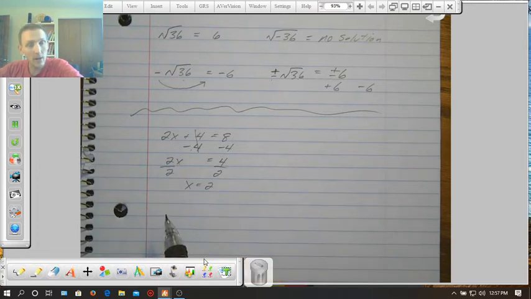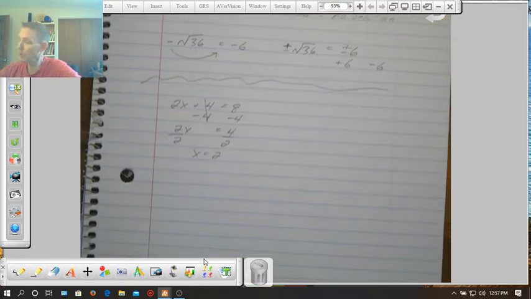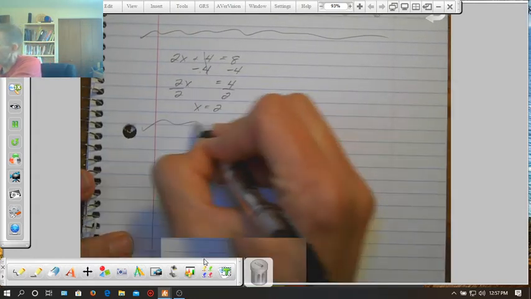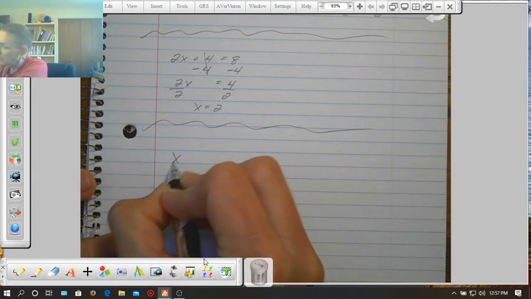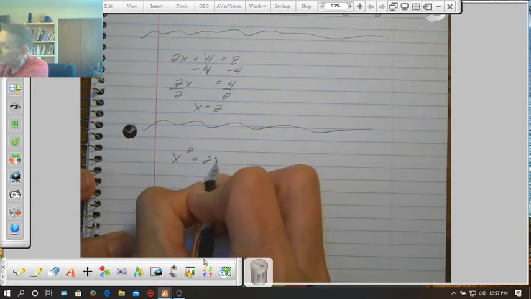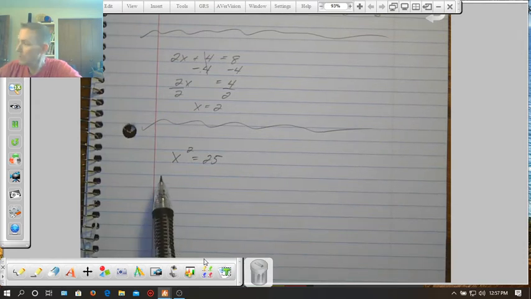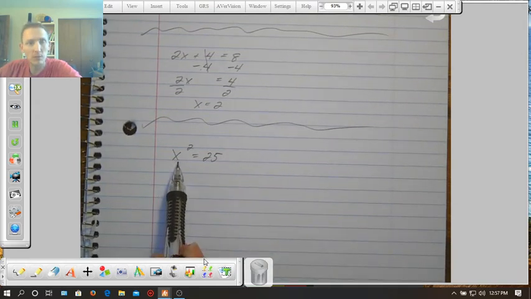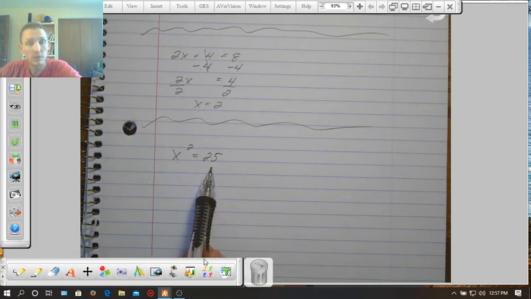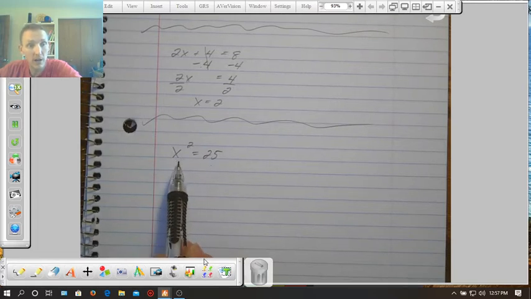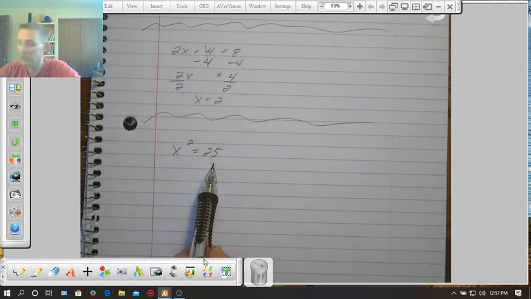Well, we're now going to have equations that have a squared in there. So if I go up here and take a look at a problem, and we'll start very basic, x squared equals 25. If I think about what this means, there is some number that I multiply by itself that equals 25. Well, if I think for a moment, 5 times 5 equals 25.